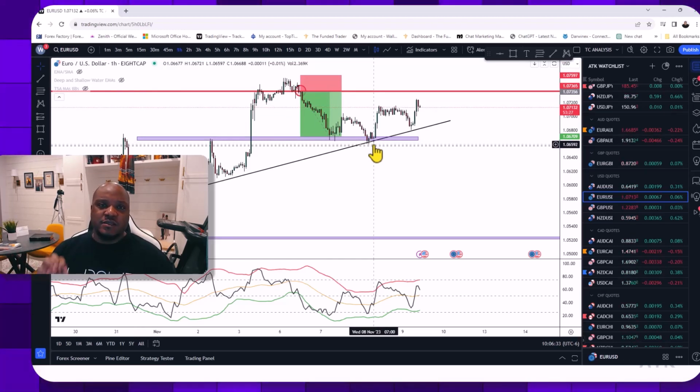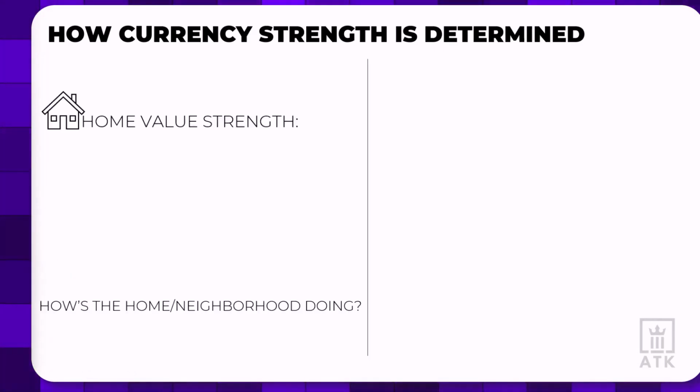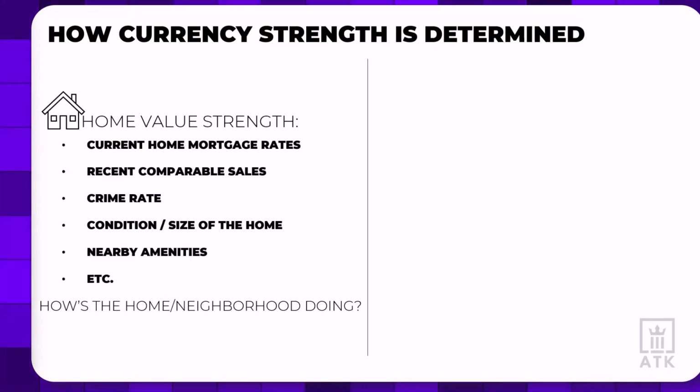That is fundamentals. The way I look at it, because my background is in real estate, is this: when you're in real estate, how do you determine the value of a home? There are certain indicators that tell you what price a home is going to sell at and in what neighborhood.